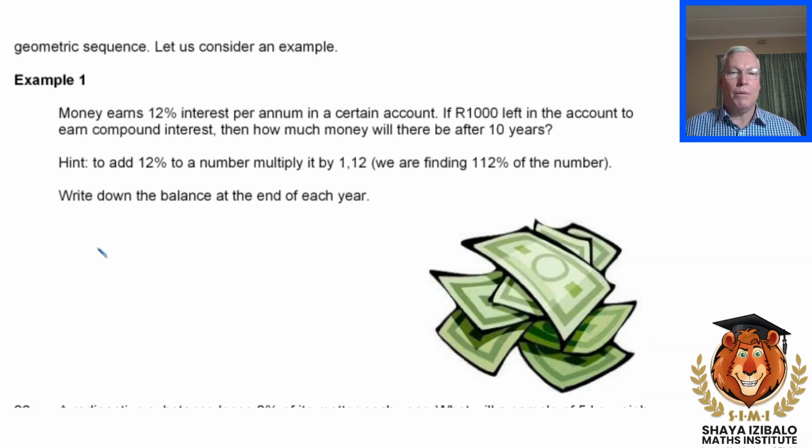All right, so what we're going to do is write down some terms. Now, at the end of 1 year, our 1,000 Rand is going to be multiplied. Let's go a bit slowly here to do a little lesson on percentages.